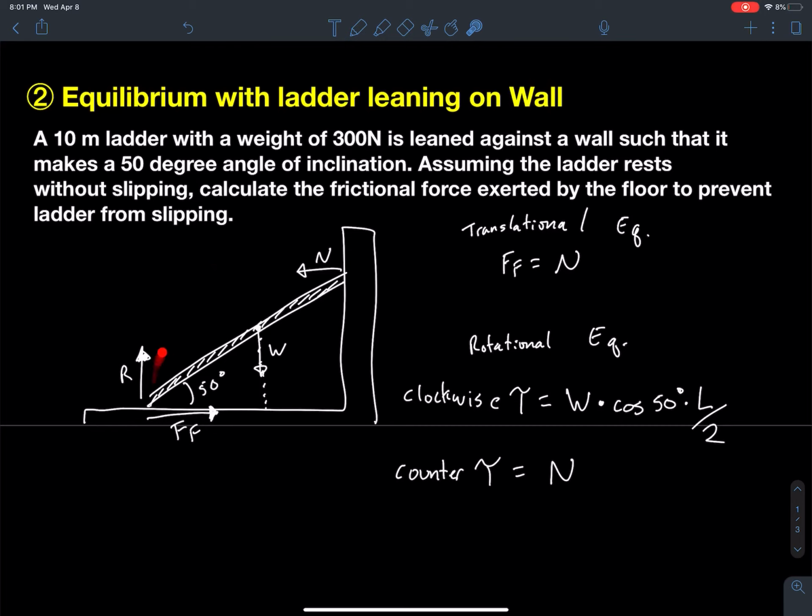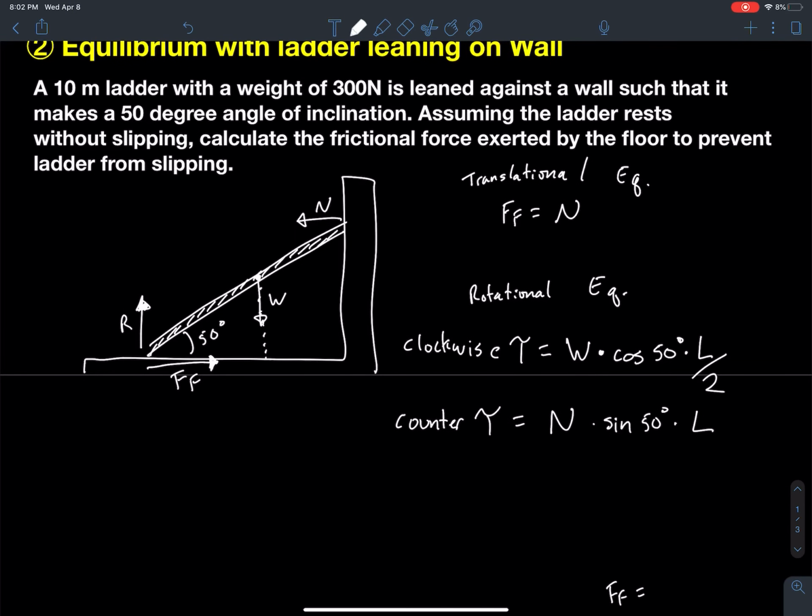So how do I get that? That's right here. It's the same. So that's going to be sine of 50 degrees, times L, the entire length of the ladder. And then I can create an equilibrium by equating them.